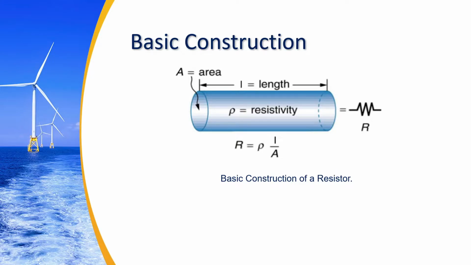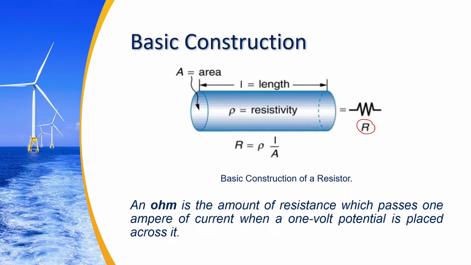Meron tayong length, meron tayong resistivity, meron tayong area. Lahat yan kapag pinag-combine natin, makakakuha tayo ng resistance, R. Yung unit nila is tinatawag natin na ohm. An ohm is the amount of resistance which passes 1 ampere of current when a 1 volt potential is placed across it. So, ito yung unit natin.